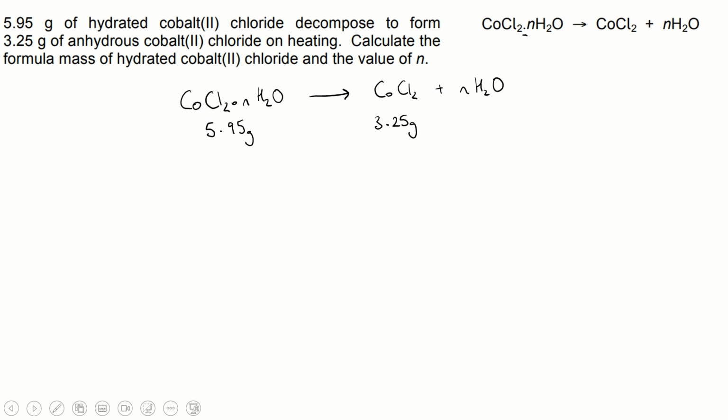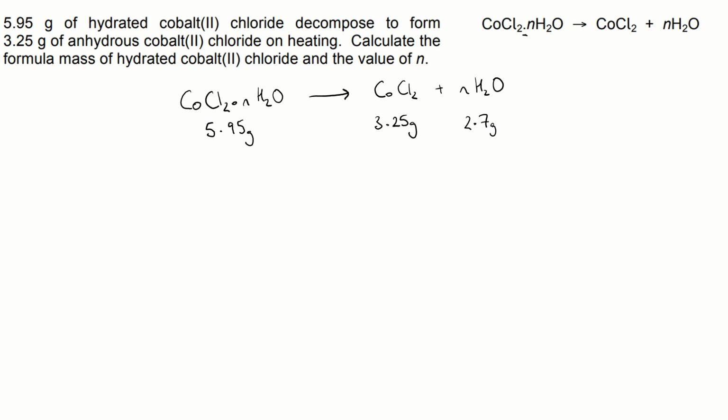So if we started with 5.95 grams, we have to end up with 5.95 grams. So if we've got 3.25 grams of cobalt chloride, then we have got 2.7 grams of water. I've just done that on a calculator.